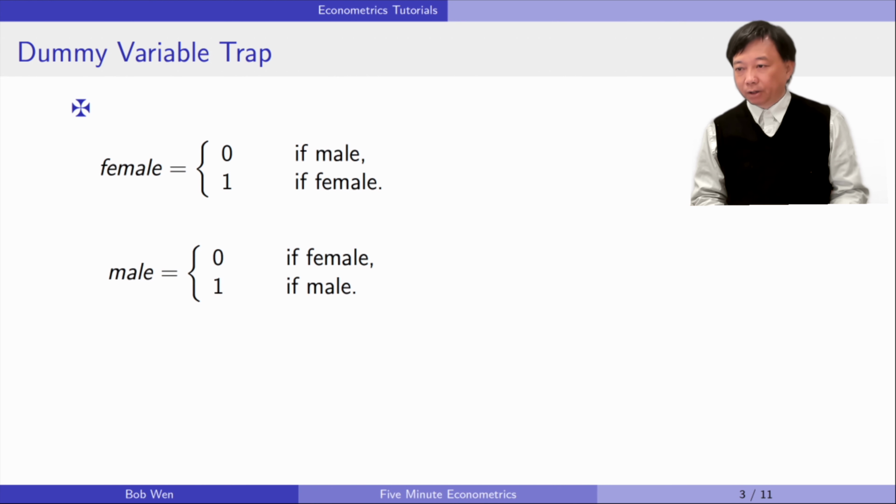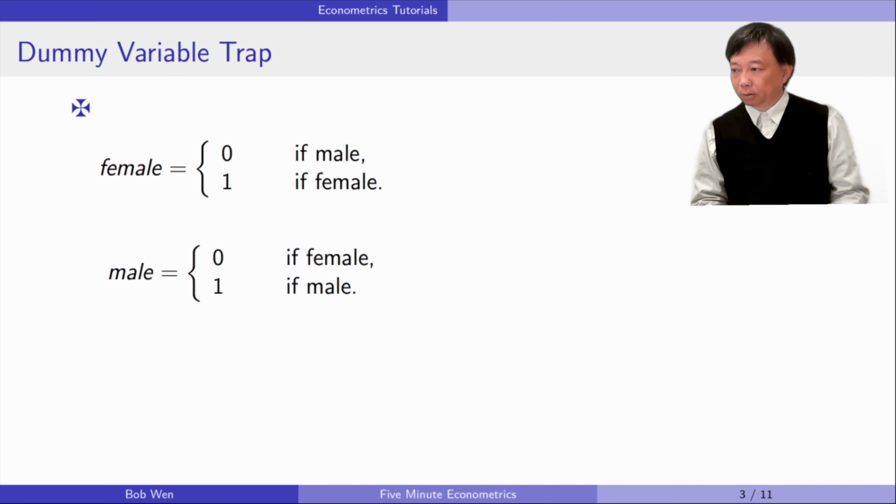When we use binary variables as explanatory variables in the model, we should be careful not to fall into the dummy variable trap. The dummy variable trap refers to the scenario in which we include two binary variables in the model that form a perfect collinear relationship.